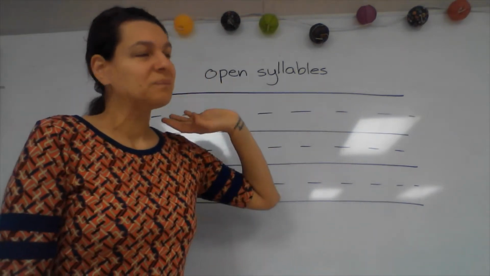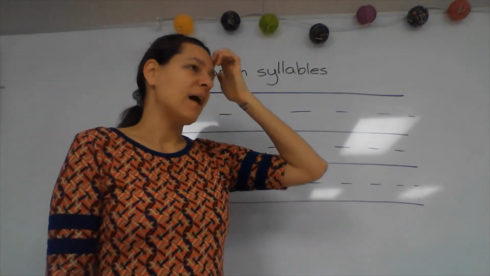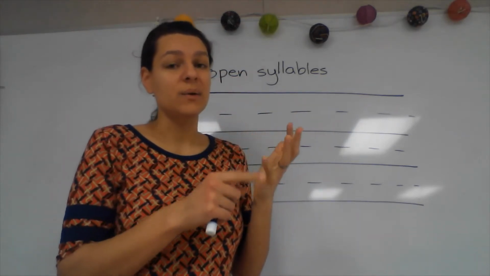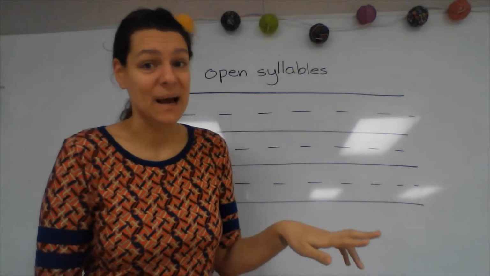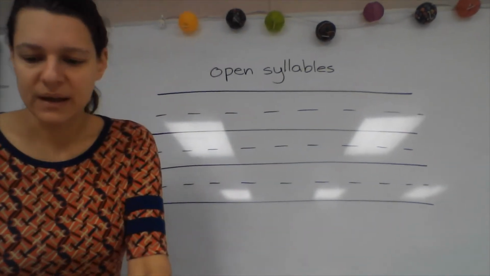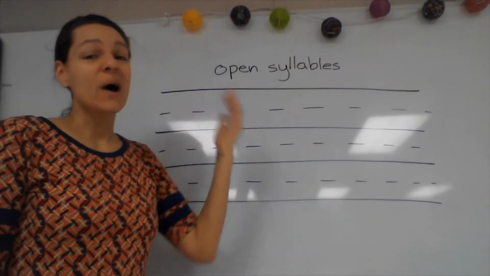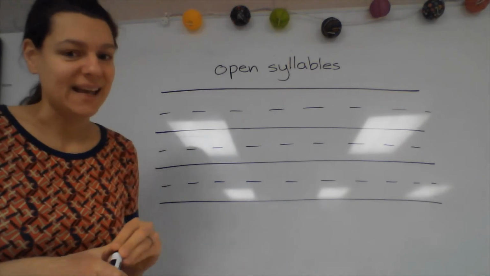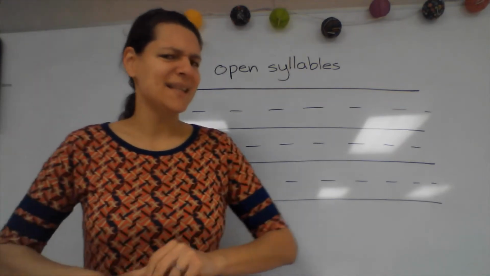All those names are the same as the second sound of the vowel. So in an open syllable, our vowel can say its name or its second sound. Let's see that in action.